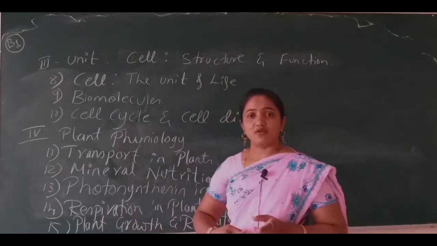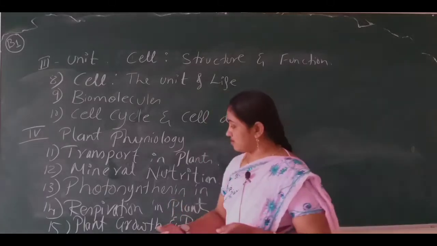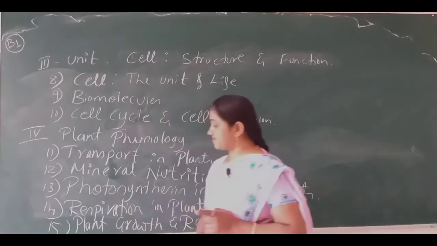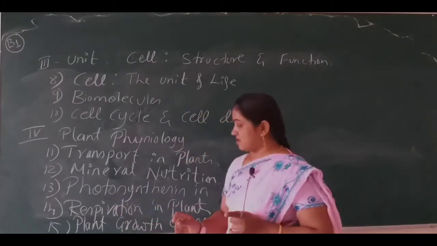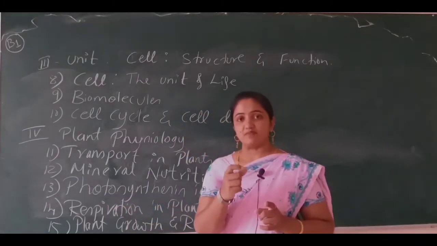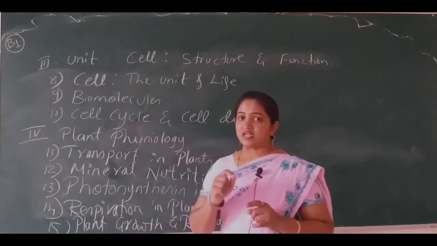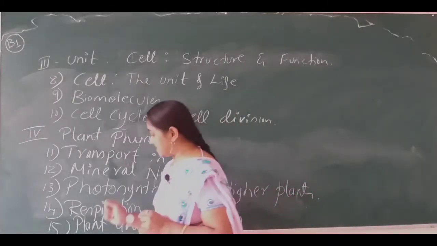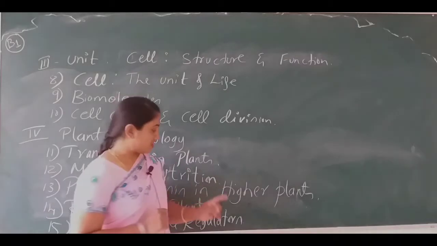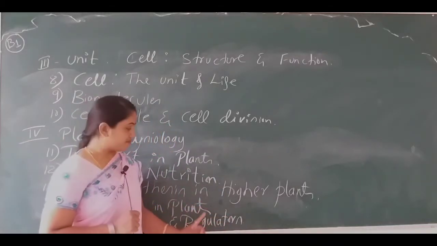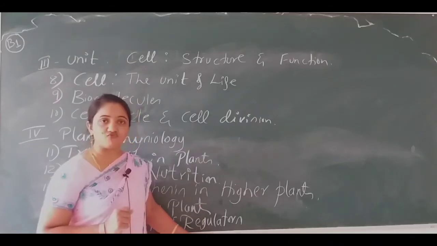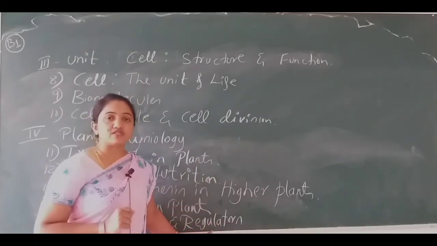Based on this chapter, plants grow and develop by means of cell division, by means of mitosis. They definitely grow, but they need the regulators. How do they grow? With the help of some growth regulators.